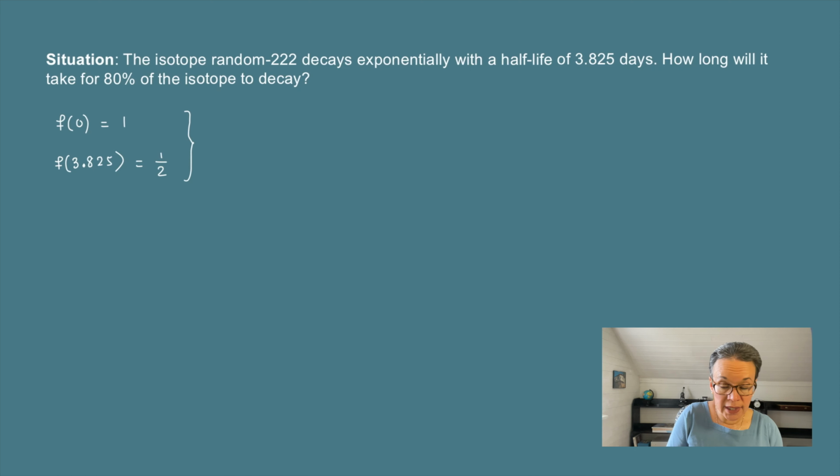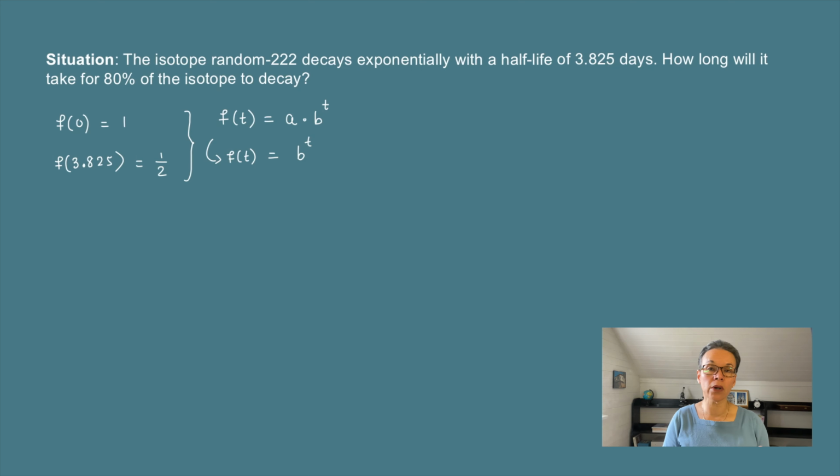We know that this is an exponential model, so f of t will be equal to a times b to the t. And remember, we are letting a be 1 for convenience, so we're just going to have b to the t. Our goal is to find the value for the base.